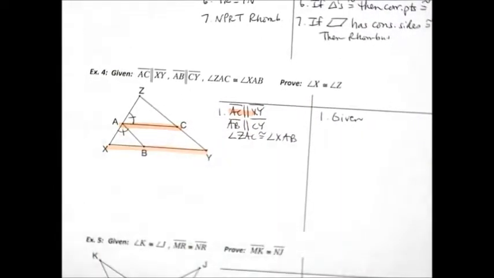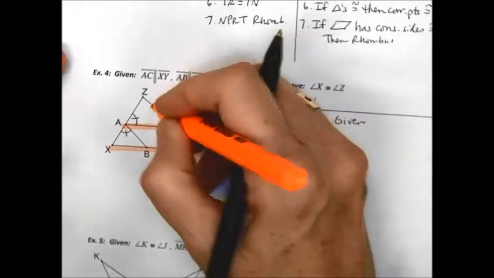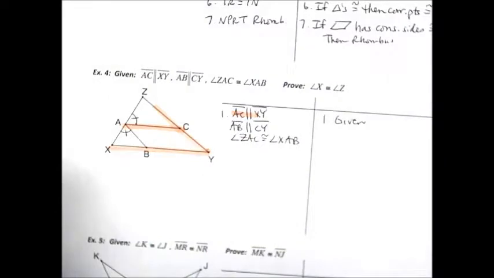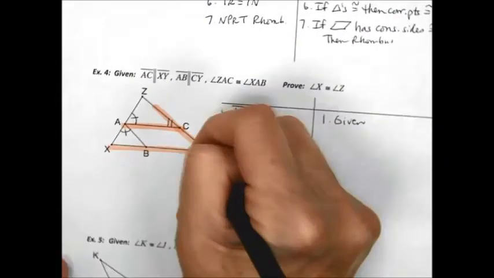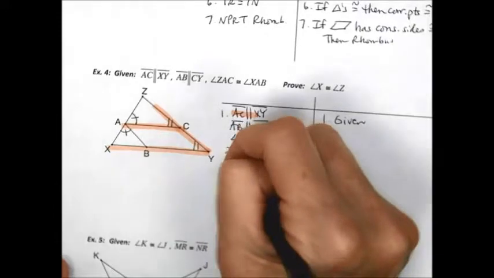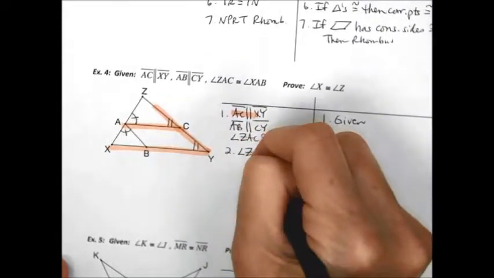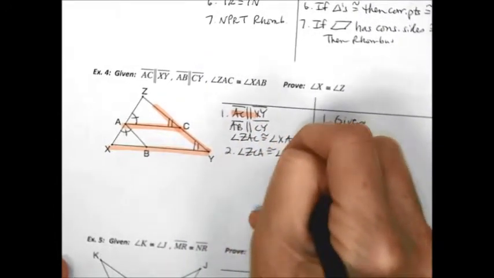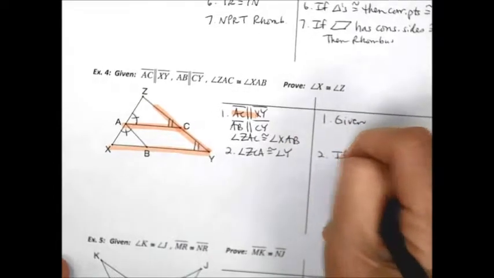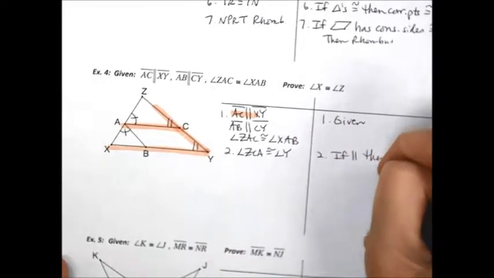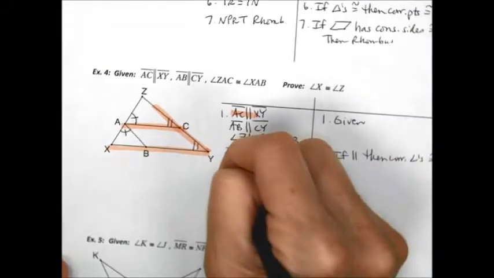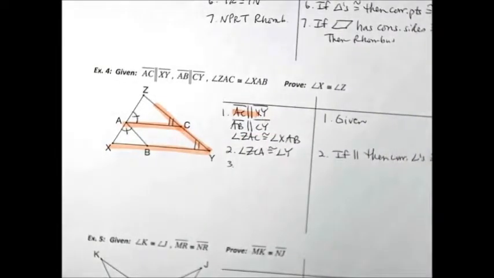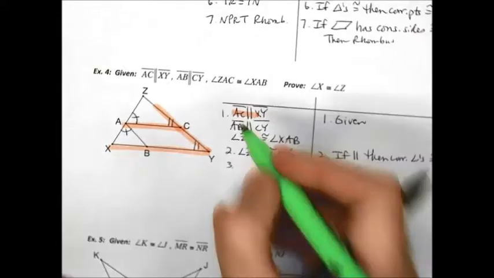All right. So if I use those, and I'm looking for a transversal, I'm going to pick this one out first. And I'm going to say that looks like an F. So I think I could get those two angles congruent. So I think I could get angle ZCA congruent to angle Y, because if parallel, then corresponding angles are congruent. But then they give me another pair of parallel lines, so let's look at that pair.